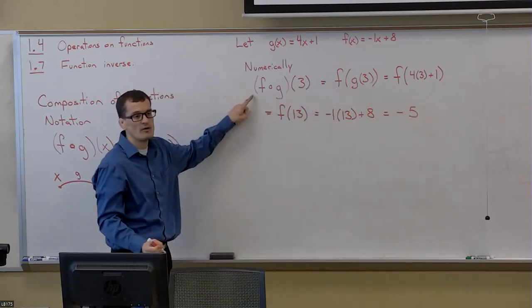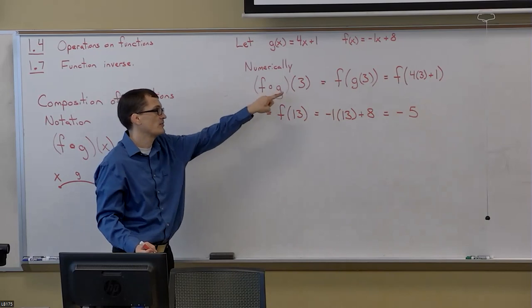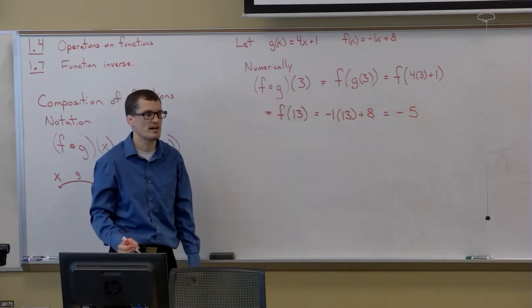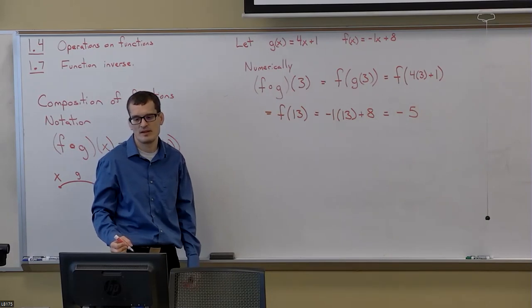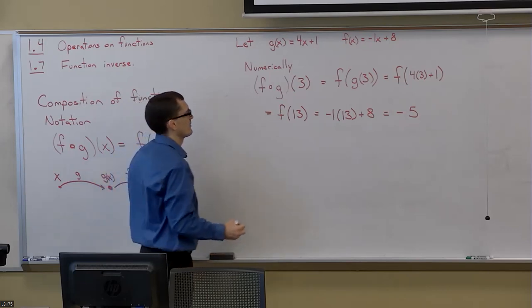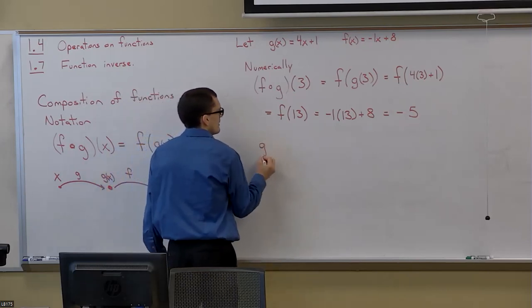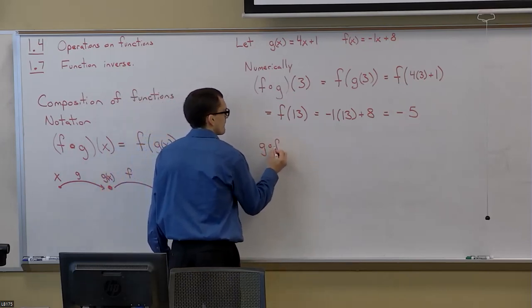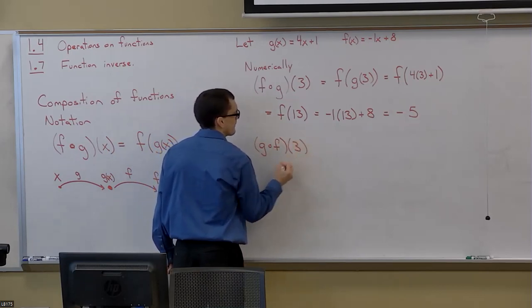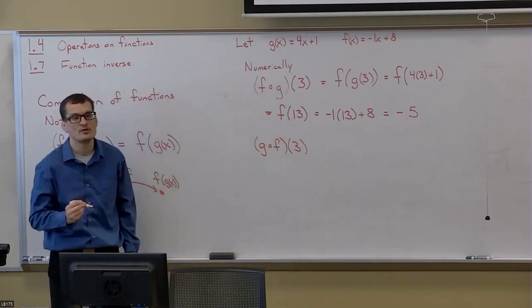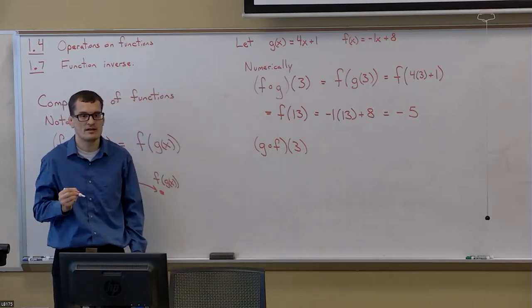So if you compose F with G of 3, you get out a negative 5. Now, before we move on, I just want you to see what happens if you went the other way.